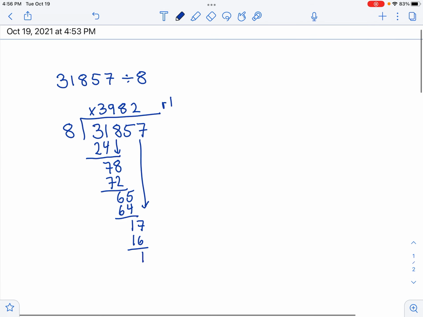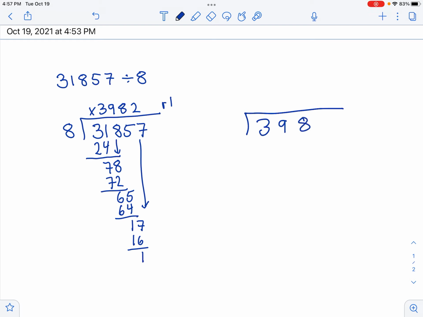I'm going to show you how to do it a shorter way. It works really well with single digit numbers, not so well with multiple digit numbers. So the same idea, we'll put 31,857 into the division box. We're dividing by 8. Now it's going to start the same way. 8 doesn't go into 3, so put an X or a placeholder.